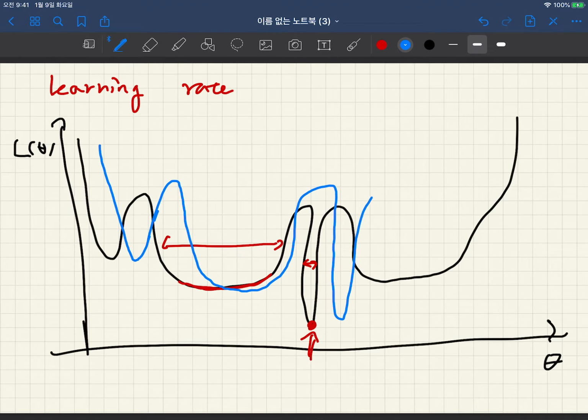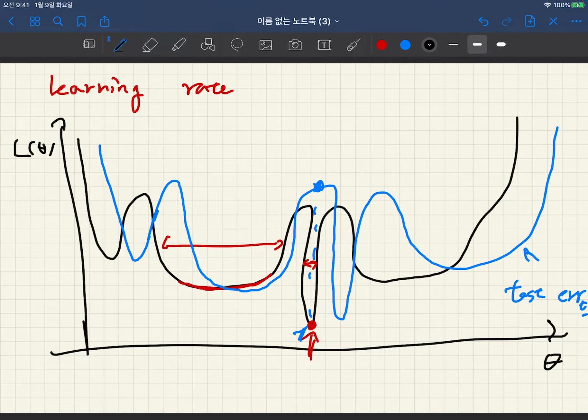So when you find this point as the best training loss point, and let's say the blue curve is the test error, this is very bad, right?